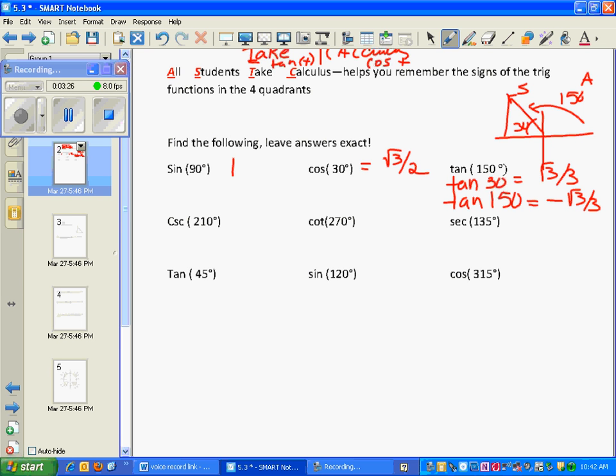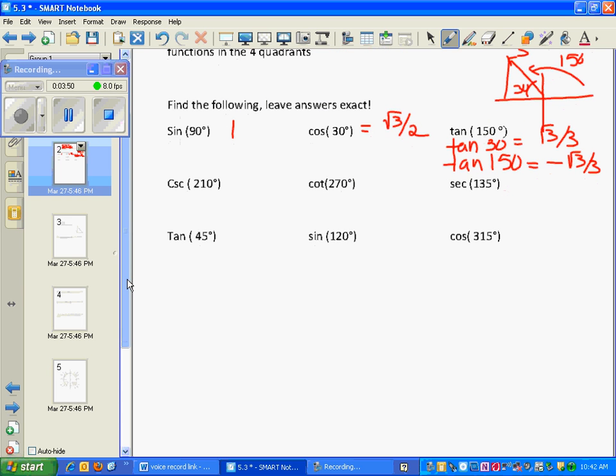So it goes all students take calculus, A, S, T, C, and that's how you know. Yes. Okay, when I say sine, I'm meaning positive or negative versus the trig function of sine. Is that better? Okay. All right, so the cosecant.